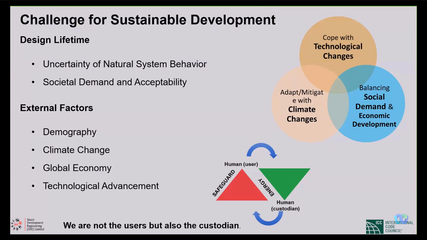So our societal expectations on protection and comfort have changed, and are increasing. Previously, a 100-year flood level was okay: in 100 years, one or two times I would go underwater, and that was okay for me. Now no. In 1,000 years, my house should not go underwater. So societal demands also change.